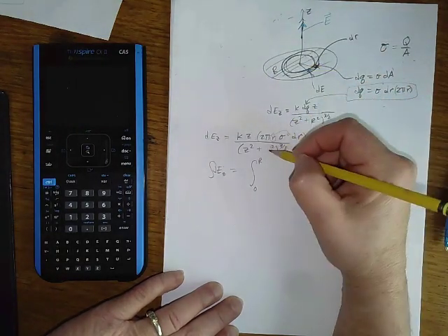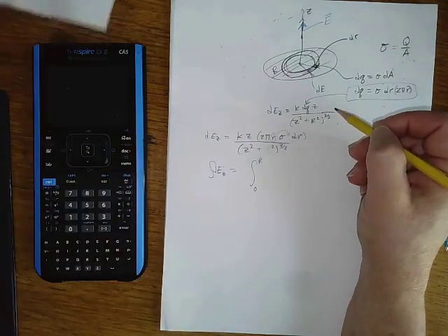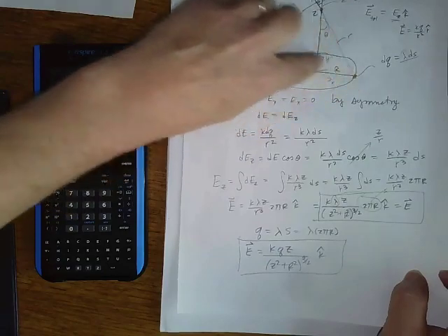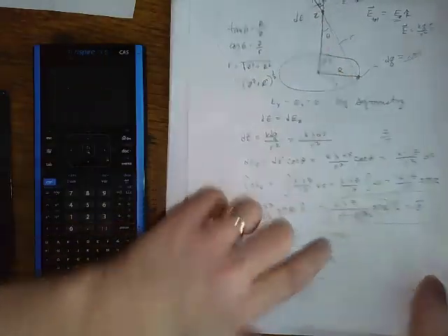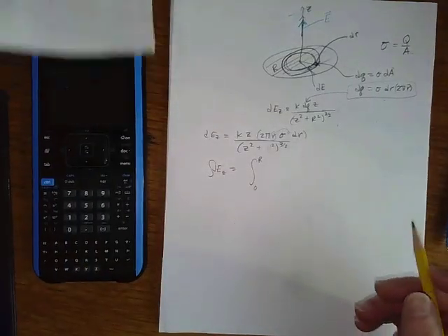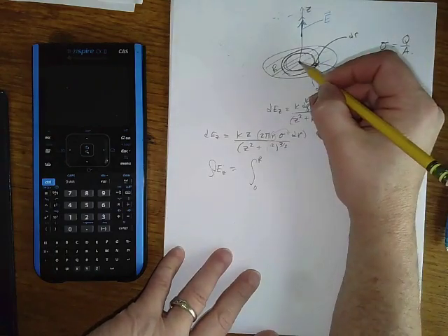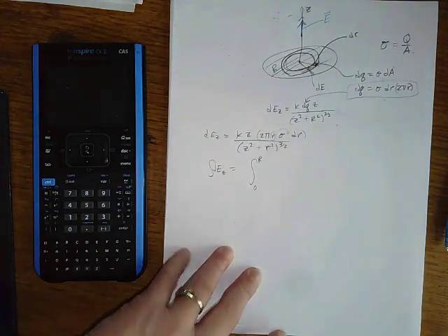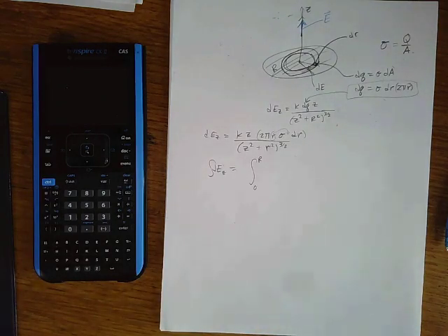The capital R was the radius of the ring. In this case each little ring has its own radius, so that's going to be changing. So we can't use capital R in the bottom; we're going to have to put a little r in the bottom. So that's going to make the integral a little bit more difficult.